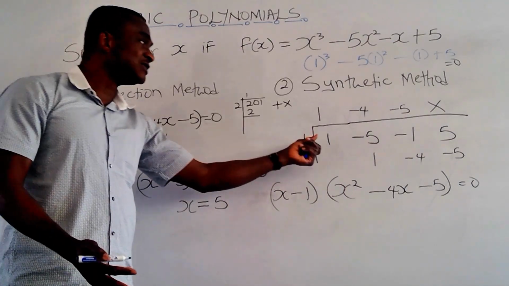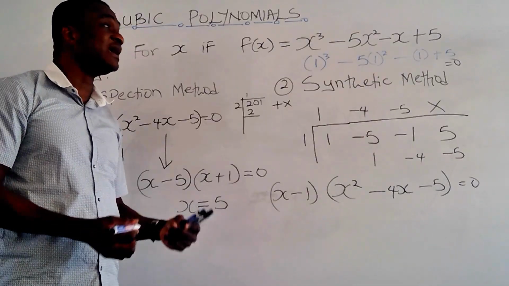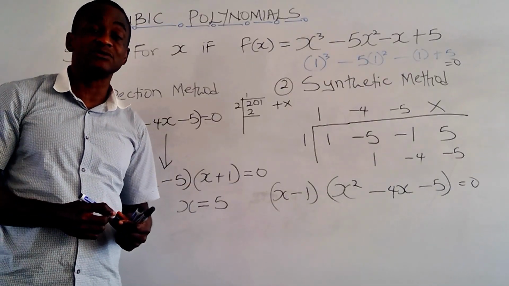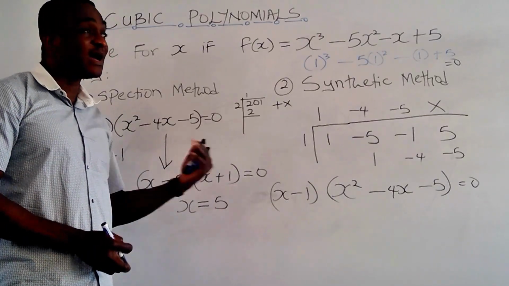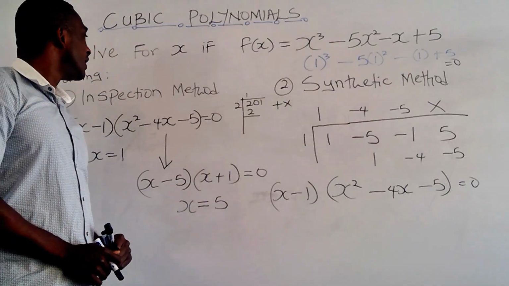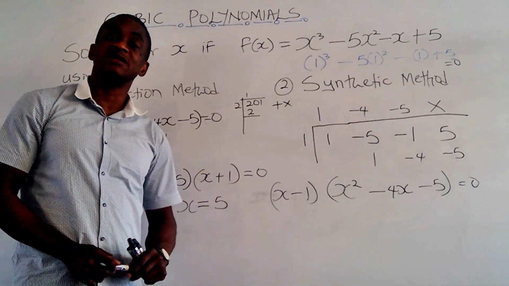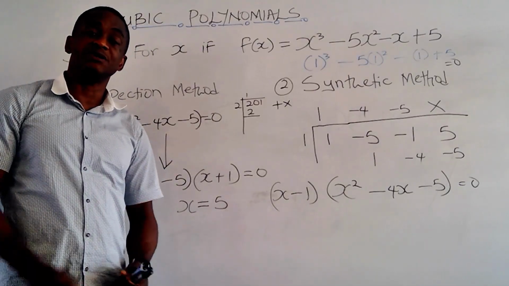Someone will say, why don't I just use this? It's easier to work with. Remember, in some papers, they are very particular about the method they want you to use. And you can use a different method if you are asked to do a different thing. So this is how we use the inspection method and the synthetic method to solve problems involving cubic polynomials.